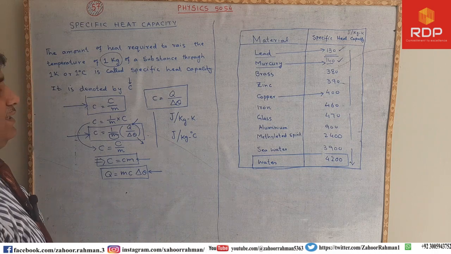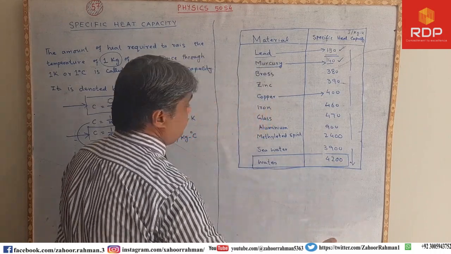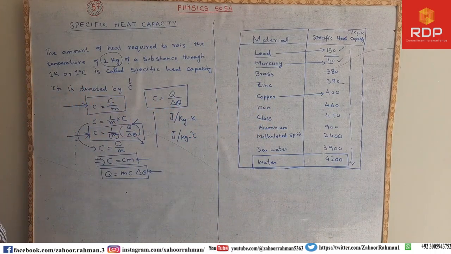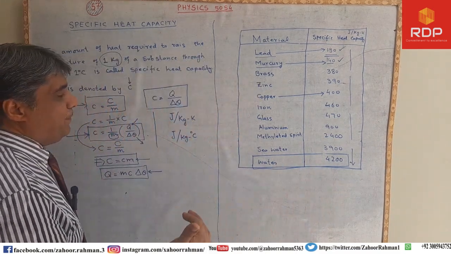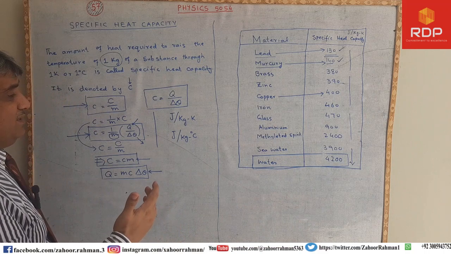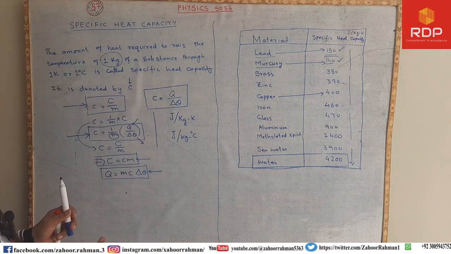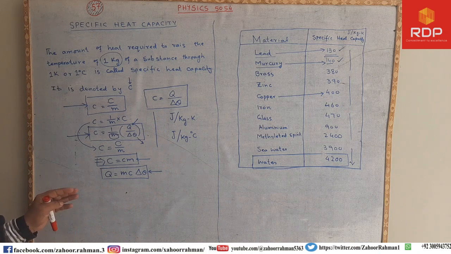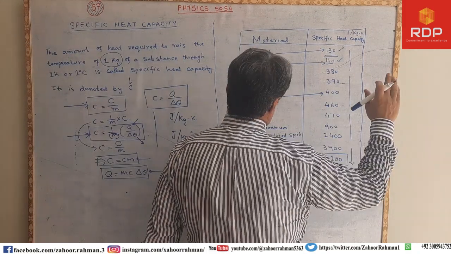What does it mean? It means that 4200 joule of energy is required for 1 kilogram of mass of water to fill all their molecules and make them energetic to move from one part to another part. So remember, specific heat capacity, this is the nutshell.